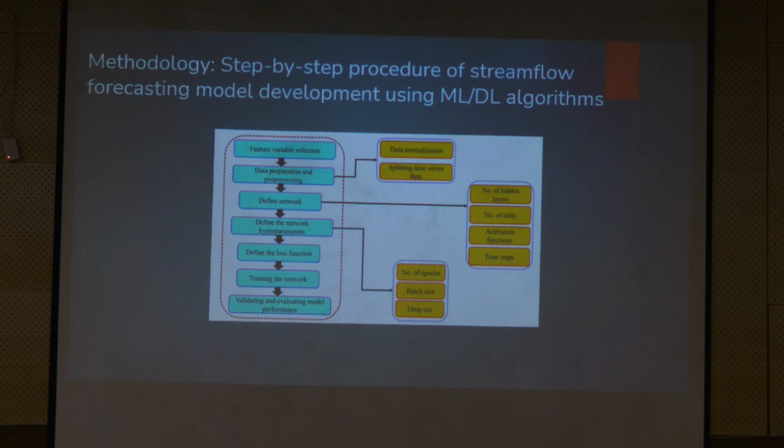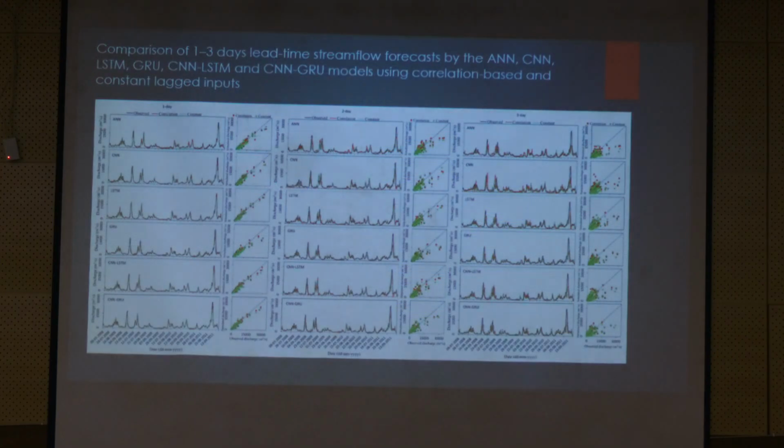We also used two different methods, correlation based and constant lagged input methods, for deriving these input variables, and then 6 different models for forecasting lead times of up to 3 days: day 1, day 2 and day 3.